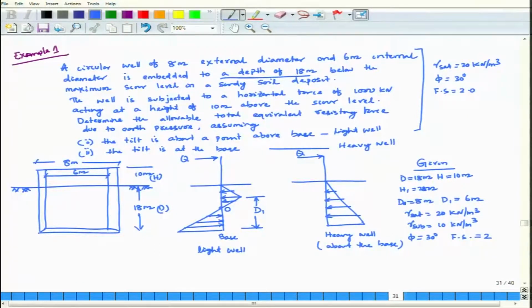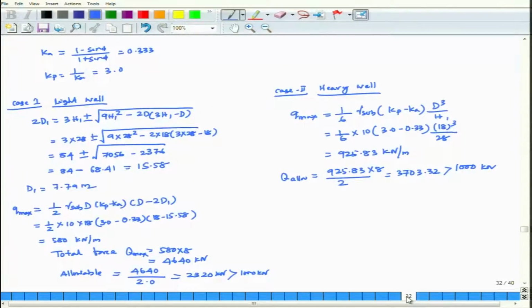So, 18 plus 10, this is your H1 is equal to 28, H1 is equal to D plus H, H is equal to 10 meter. D0 inside diameter is given, outer diameter is given, gamma saturated is given, from there you can find gamma submerged, factor of safety is given 2, phi is given 30 degree. So, once phi is given, then we can find Ka and Kp. Then there are two cases, light well case as well as heavy well case.